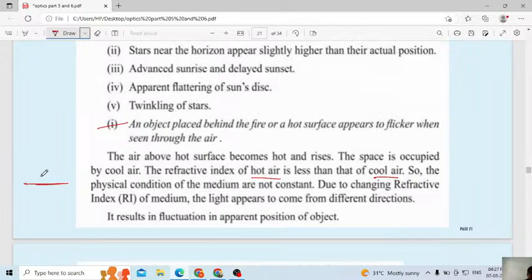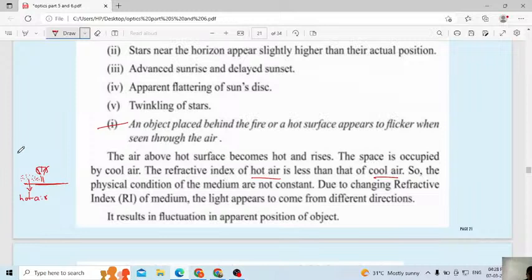Assume you put fire here like this. When the fire is there, the air near the fire, or the hot region, you can consider. Then here, the space is occupied. This one, consider the hot air.